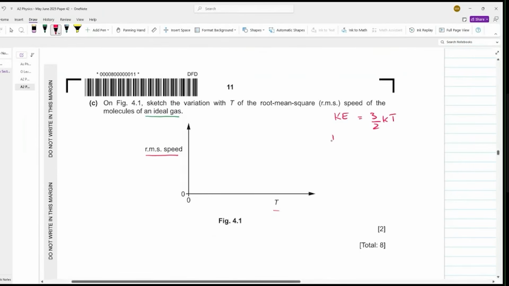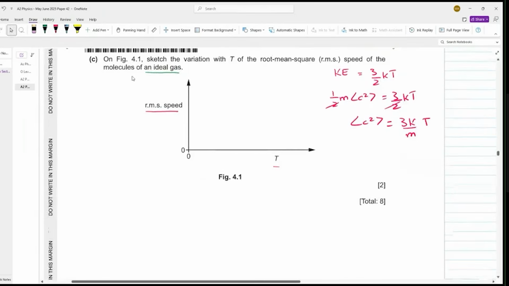Kinetic energy की क्या equation होती है? 1/2 mc square is equal to 3 over 2 kT. 2 cancel out. Bring mass to the other side. Cu square is equal to 3k into T over m. Can you realize 3k over m is a constant value? You can replace it with a direct proportionality sign.